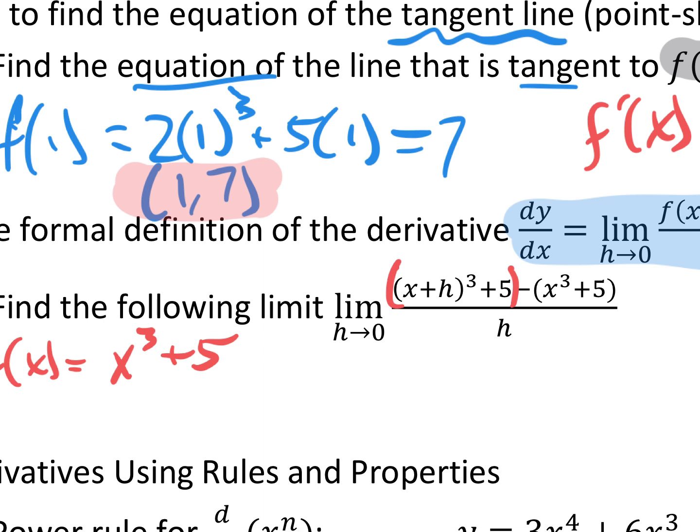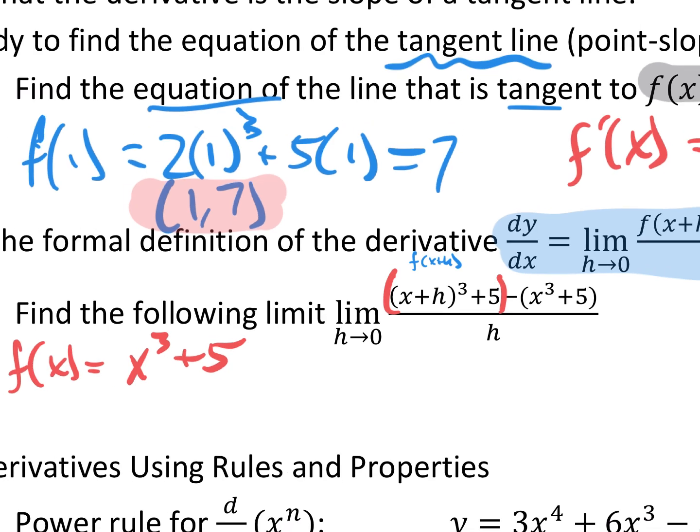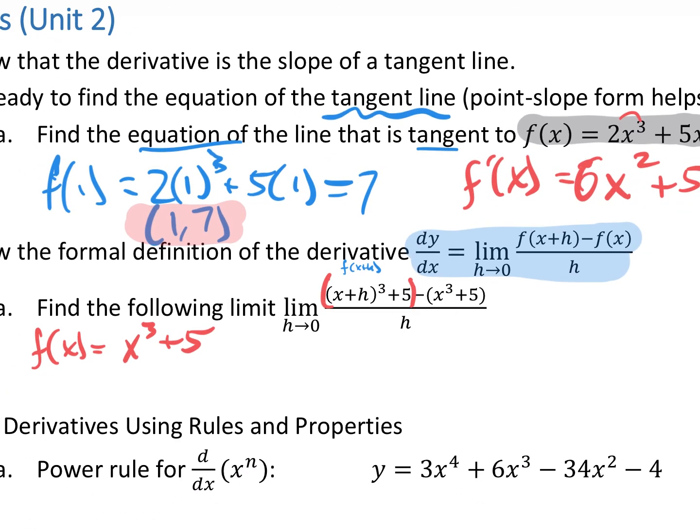Is that f of x plus h? In other words, if we take x plus h and we put it in for x, will this thing here become this? Absolutely. So x plus h cubed, if you put x plus h in here, gives x plus h cubed plus 5. So yes, indeed, that is f of x plus h minus f of x all over h. So this is in the right form.